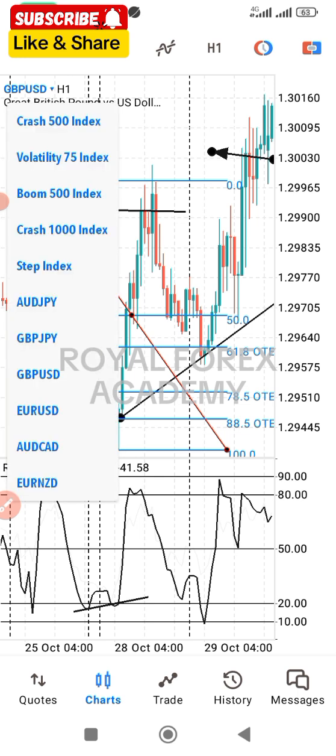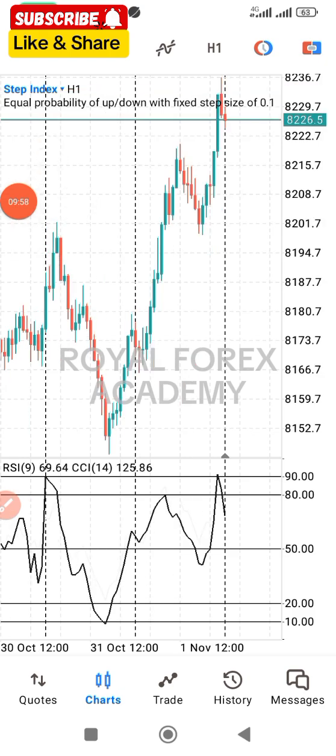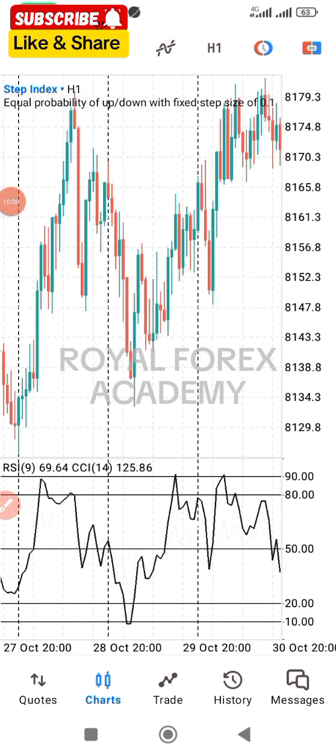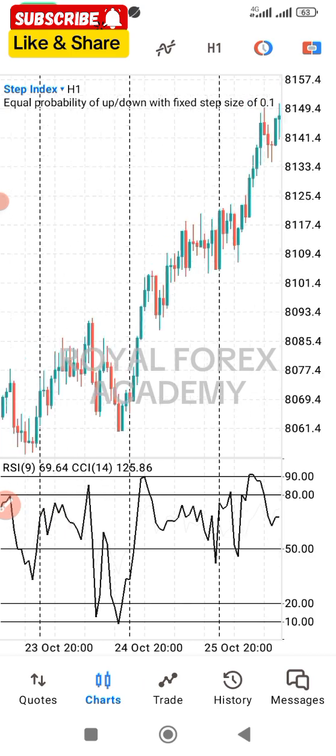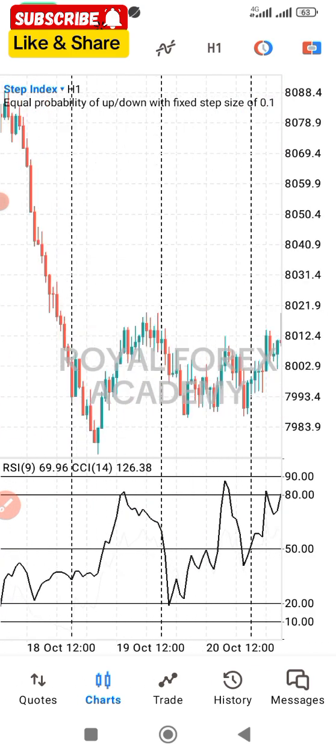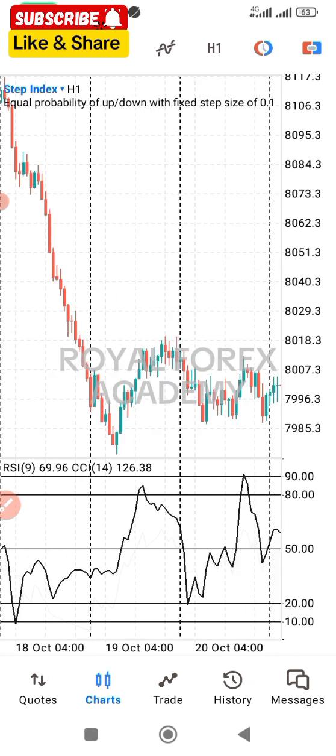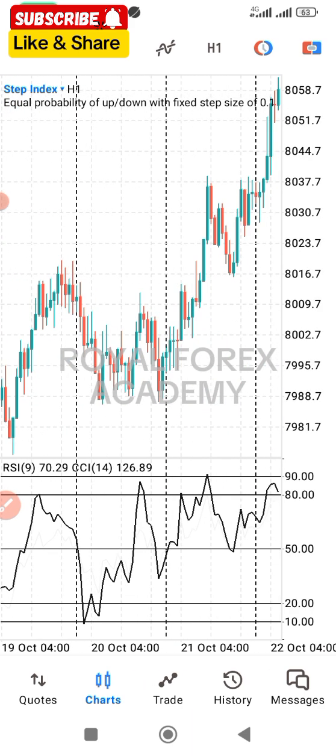So you can see how great our divergence was. So for every change of trade direction, a divergence always and will always play out.